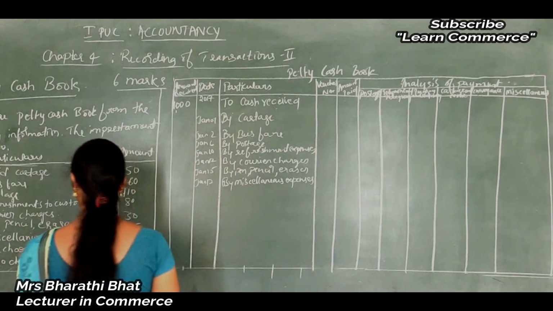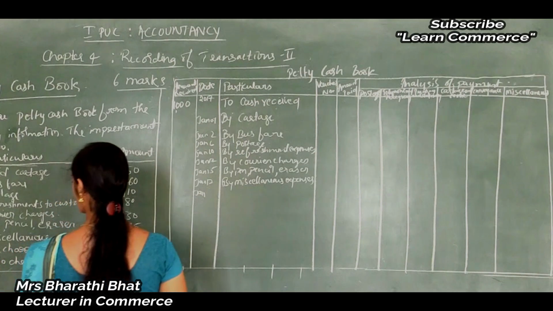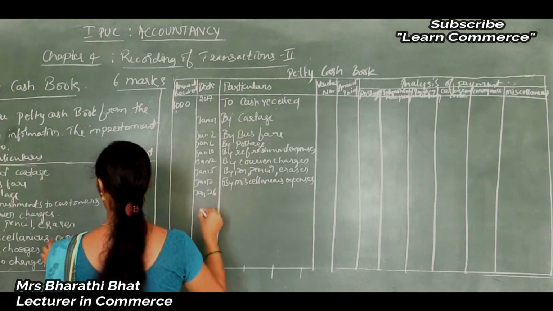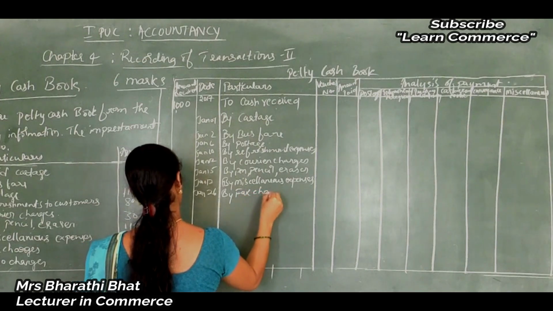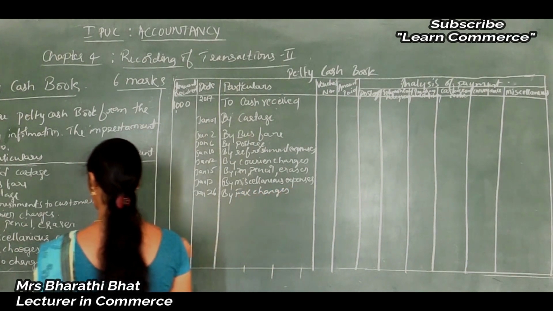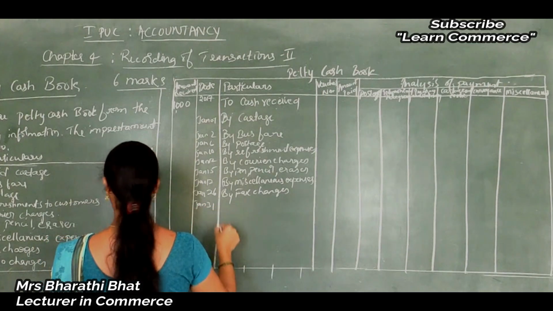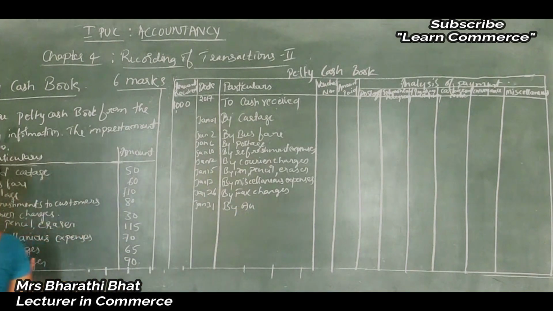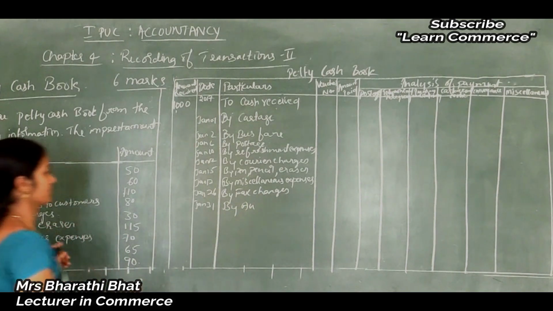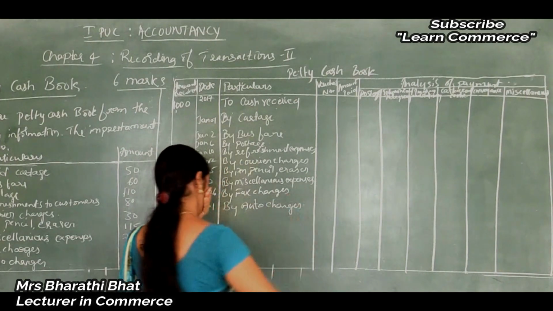Okay, and the next one, Jan 26, by fax charges. And the next one, Jan 31st, by auto charges. Clear?